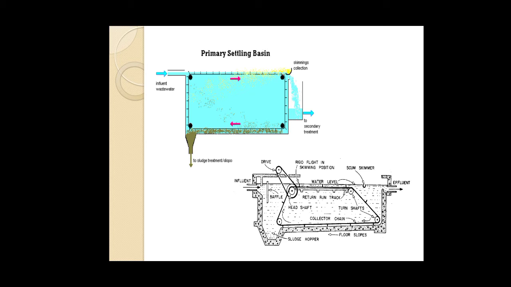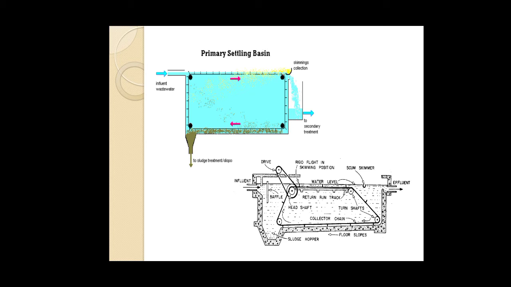We can see in the diagram there are four shafts in rotation, and at the bottom there is the sludge hopper. There is also a floor slope towards the sludge hopper.